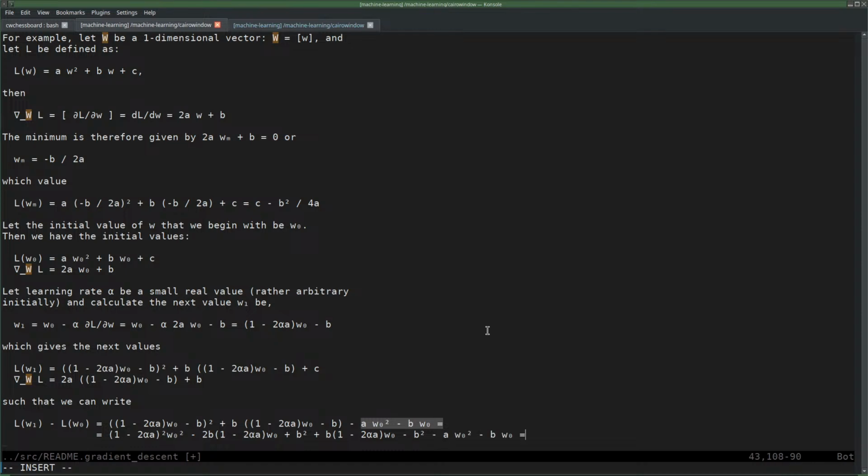And then the rest, which is equal to... Yeah, I guess only half of that drops out.